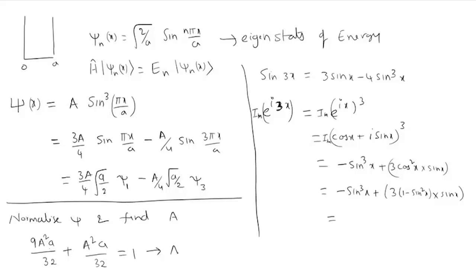From there, you get a square is equal to 32 over 10a. So from here, you can figure out what this is.